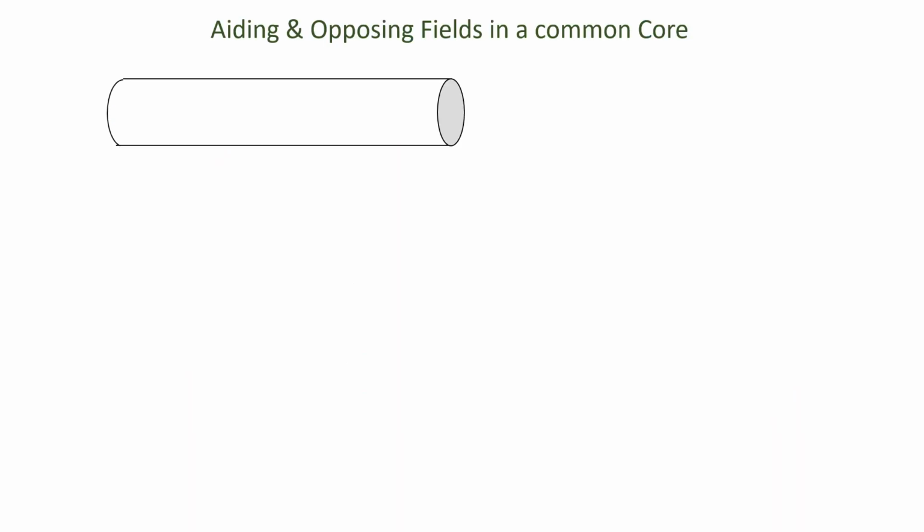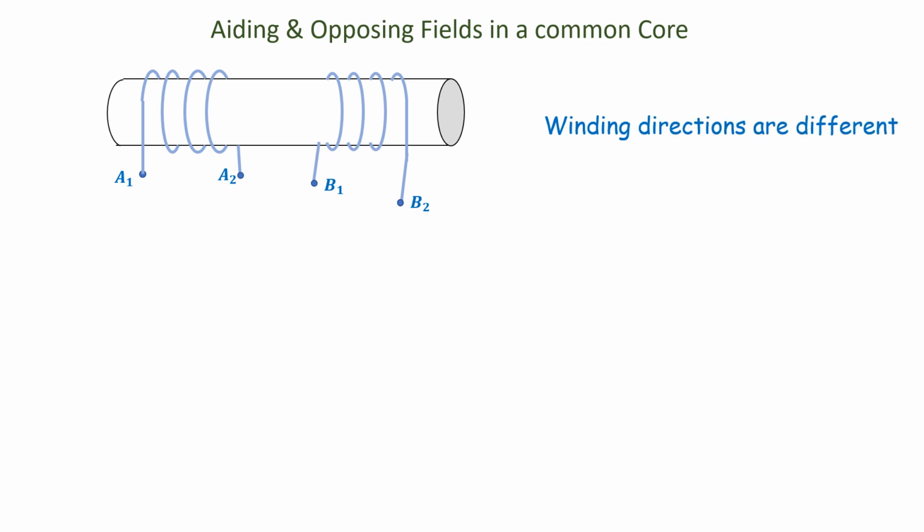Let us further understand the nature of aiding and opposing magnetic fields in a common core. Let one coil be wound on this core and another coil also wound on the same core. Observe the winding directions. Coil 1 and coil 2, in the winding direction they are different.